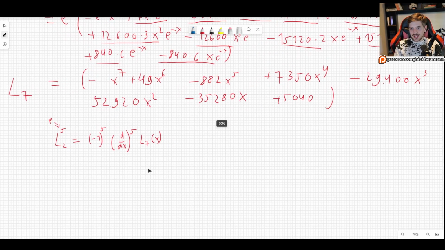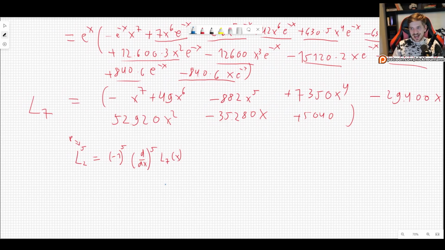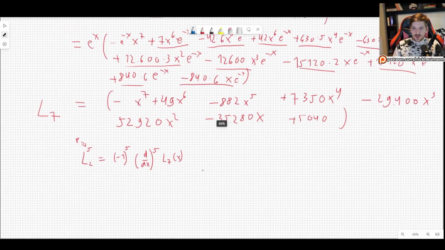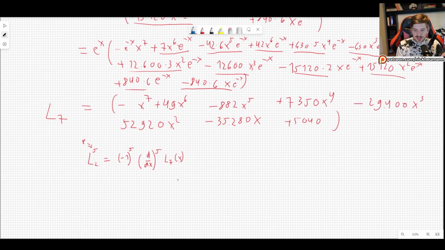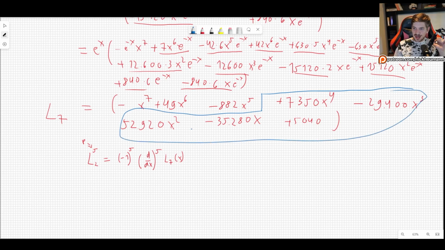Now it may look scary, but it's actually not very hard, because if we're going to take 5 derivatives, that means that anything that has a power of x less than 5 will be 0. So all of those terms that are inside of this box are going to be 0. Because you're going to take 5 derivatives, eventually you're going to take the derivative of a number, and that's 0.